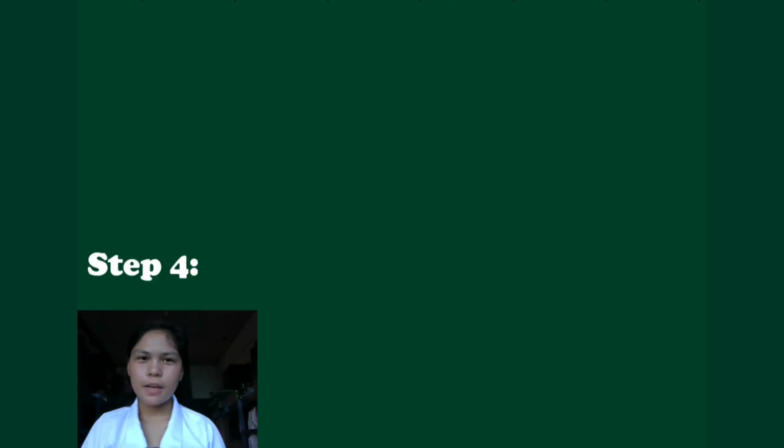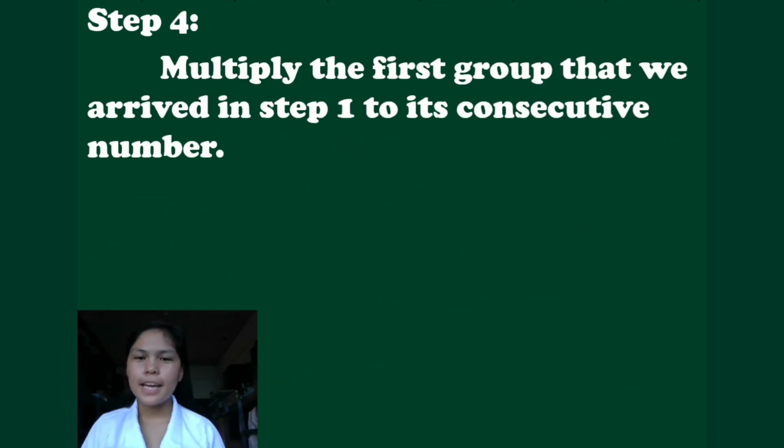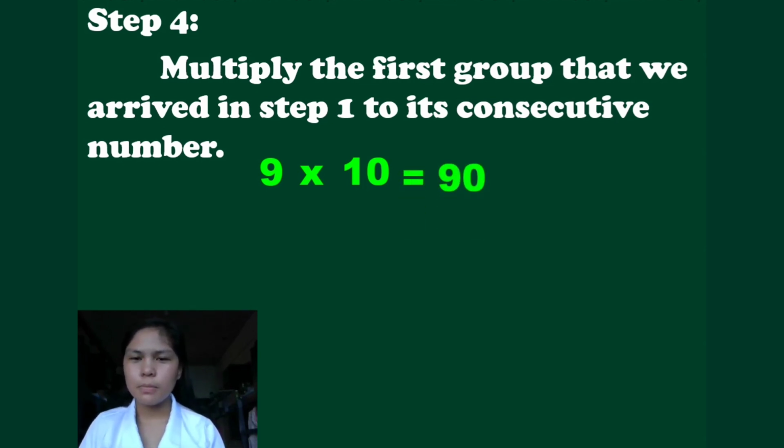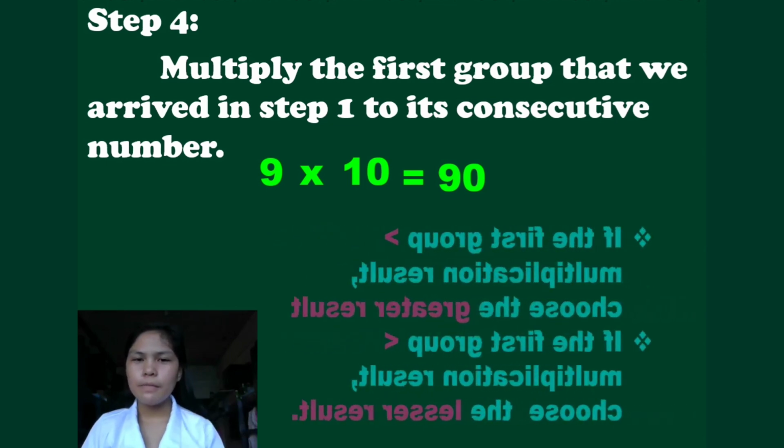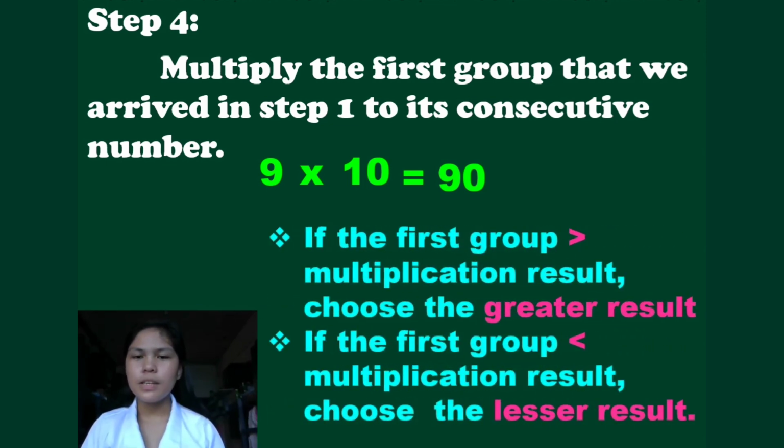Our fourth step is to multiply the first group that we arrived in step 1 by its consecutive number. So we have 9 as our first group times its consecutive number 10. So 9 times 10 is equal to 90. In this case, we have to consider some conditions. If the first group is greater than the multiplication result, we have to choose the greater result.